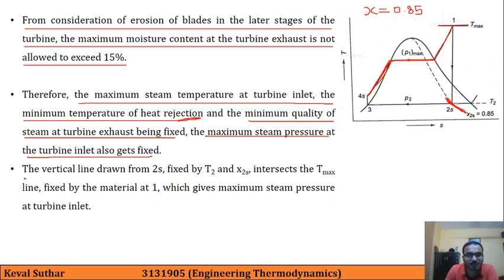A vertical line drawn from 2s, fixed by T2 and x2, intersects with T maximum, that is over here.